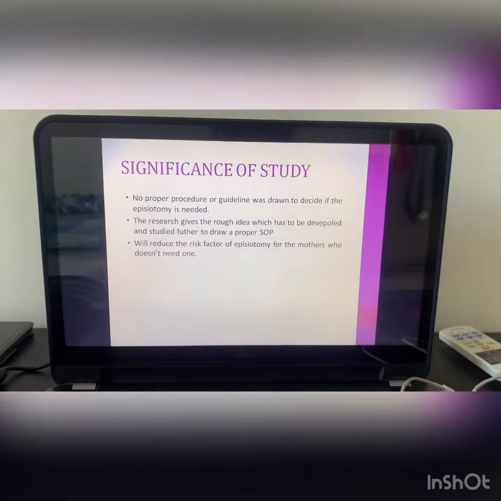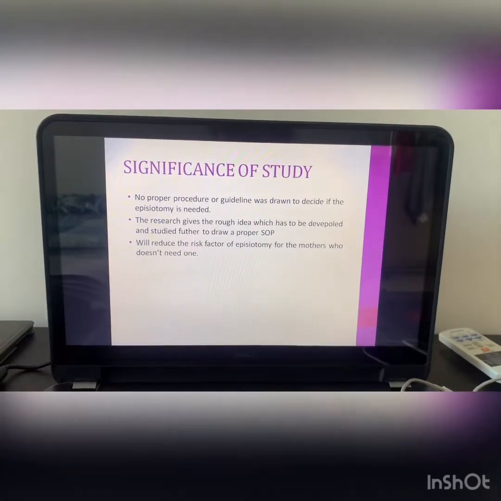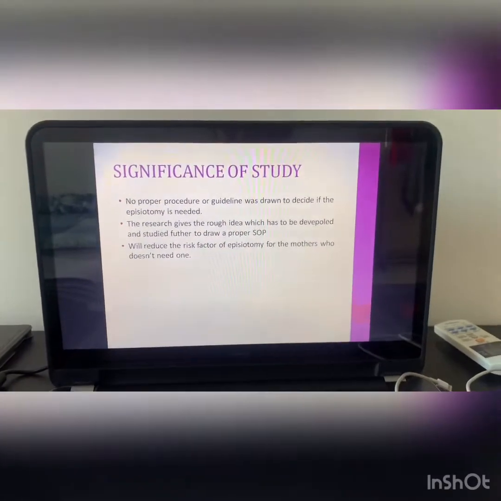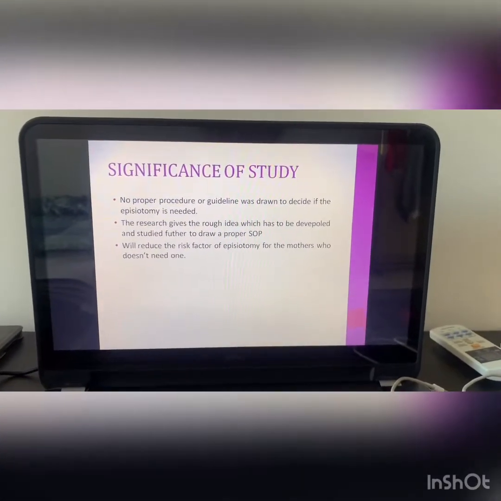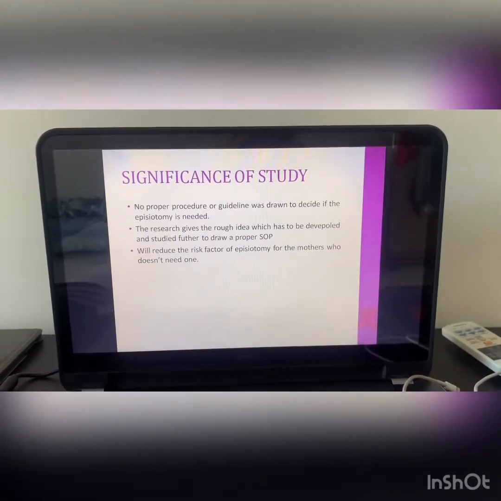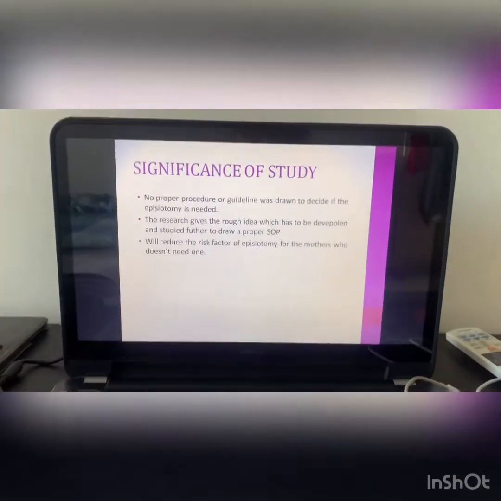By knowing the basic details about the patient, it is easier for the medical officers to decide on the need of episiotomy or not. In this way, we can maintain the government fixed rate of episiotomy in a hospital.